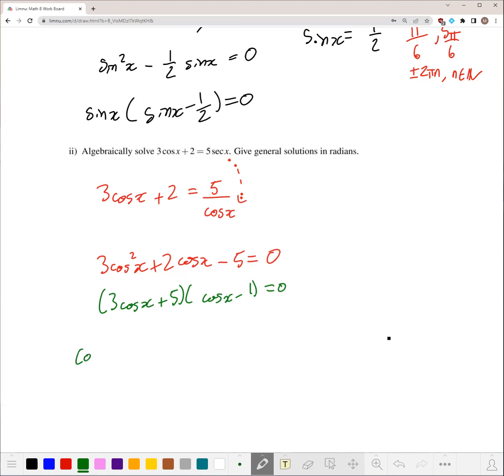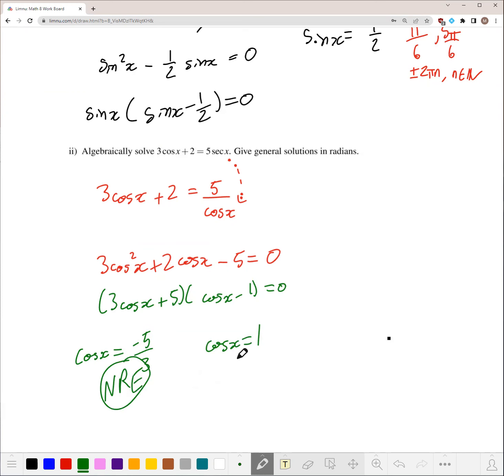So I get that cos x equals negative 5/3 and cos x equals 1. Cos x can never be greater than 1 in absolute magnitude. So there's no real answer here, non-real answer. I don't remember what NRE stands for.